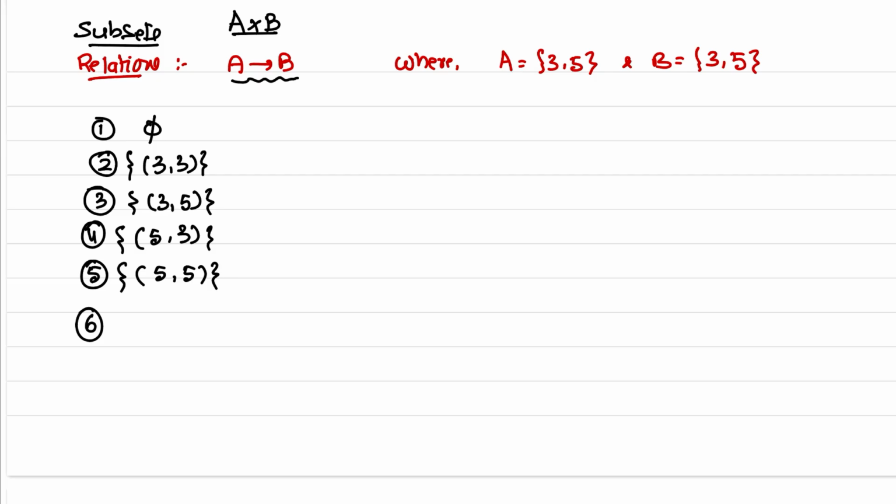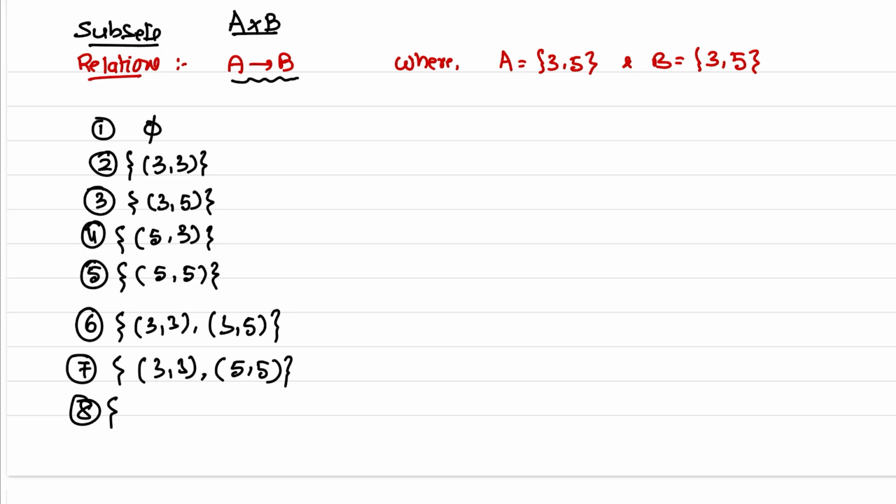Sixth, 3, 3 and 3, 5. Seventh one, 3, 3 and 5, 5. You just see, we are going in a systematic way.